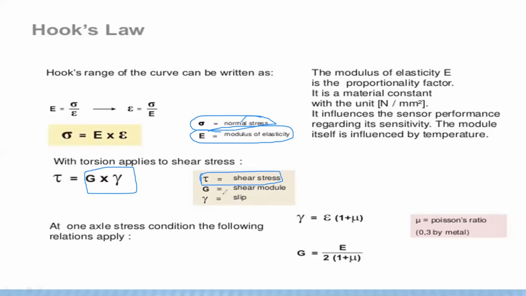If high loads are acting on that body, the object should be slipped. That is tau is equal to G into gamma.